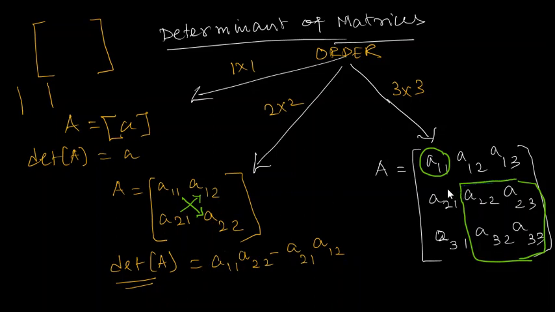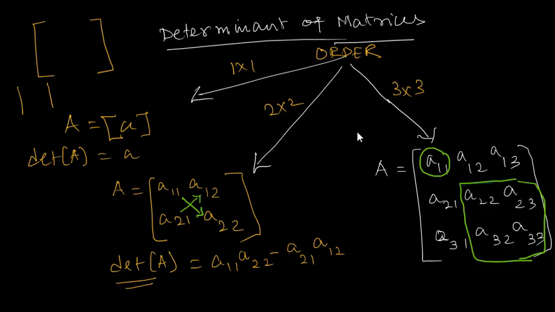Then in the case of 3 by 3, A is equal to A11 in the first row, first column. Similarly first row, second column, first row, third column. Then A21, A22, etc. Now, when we take A11, you have to leave that row and leave that column and take the remaining, that is A22 and A23, then A32 and A33.